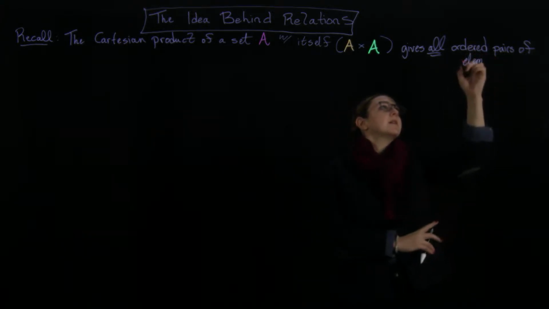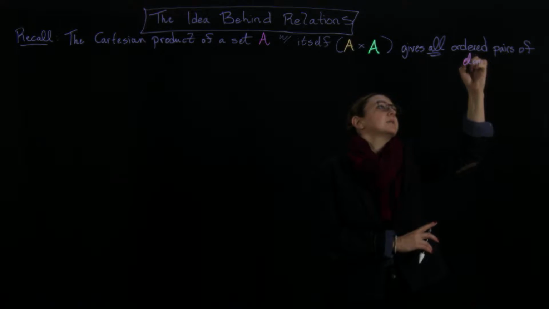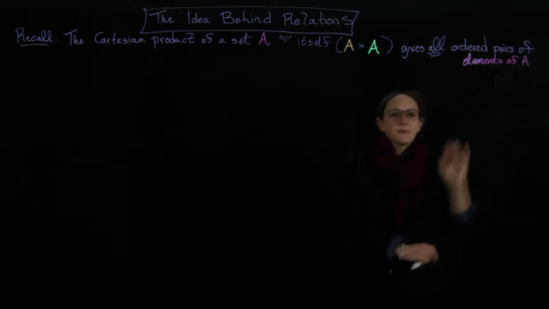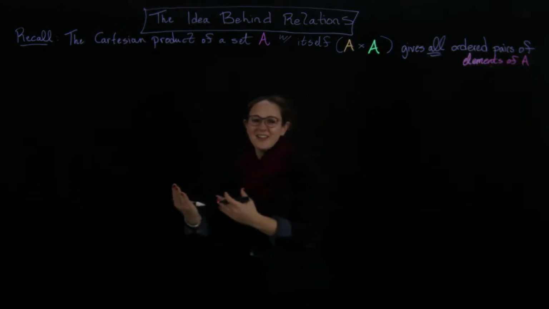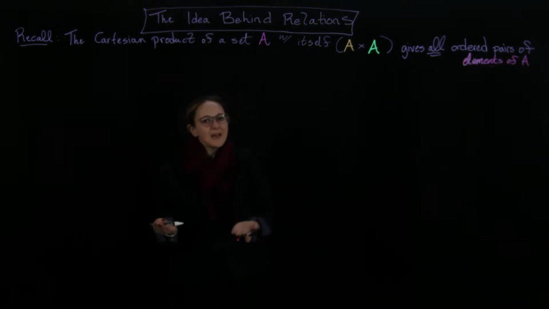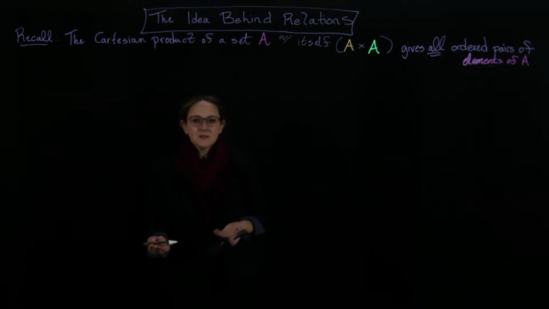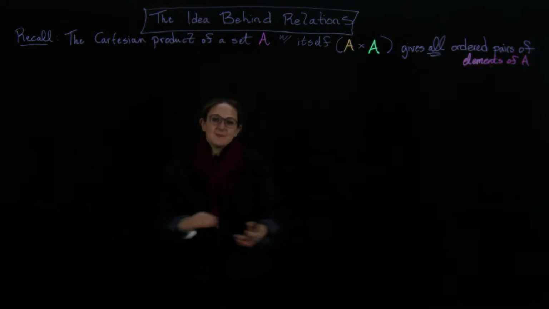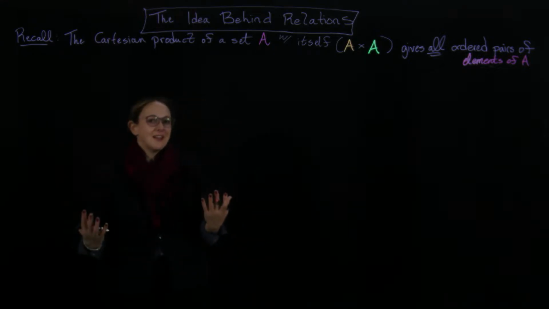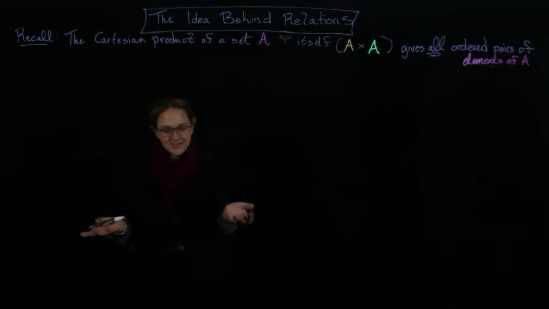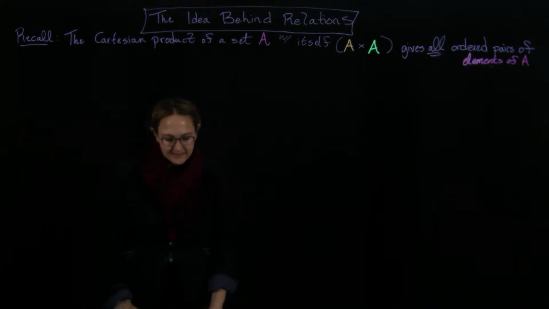So pairs, and the elements are in A. So if I'm looking at a Cartesian product with itself, then even though the order matters, like 1, 3 is not the same thing as 3, 1, both 1 and 3 had to come from the same set. So we're just looking at pairs of elements of A where I've decided which one is first and which one is second, right? So that was Cartesian products.